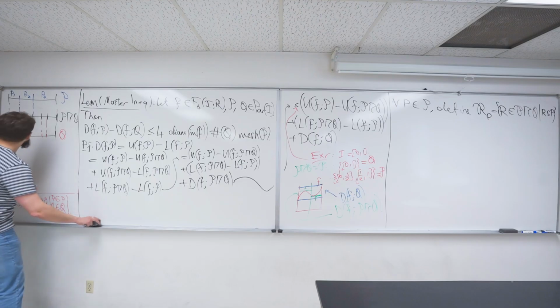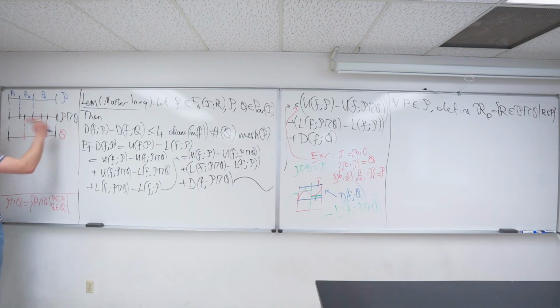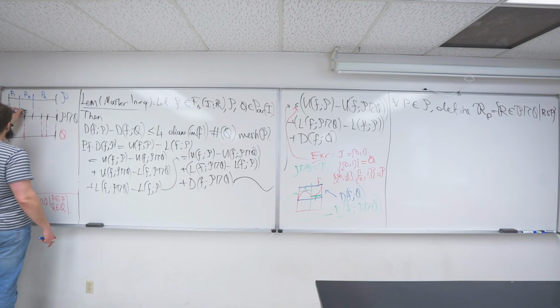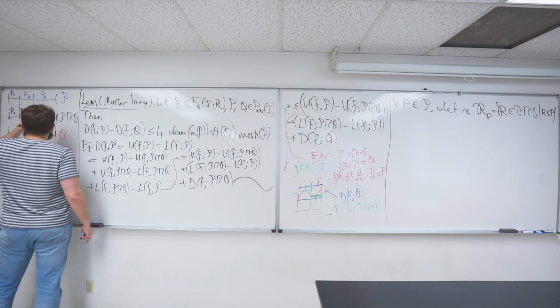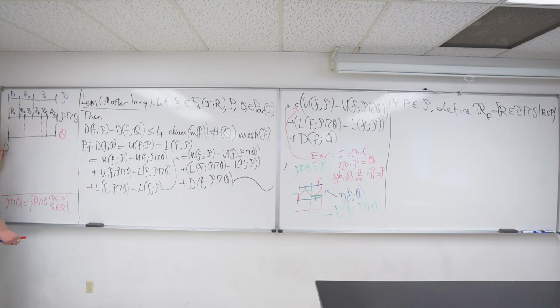So let's call these pixels of the coarsest common refinement R. R1, R2, R3, R4, R5, R6. And so curly R sub P1, curly R sub P2, curly R sub P3. Collection of all pixels in the coarsest common refinement that are completely within P1.